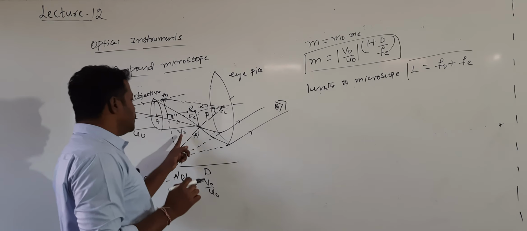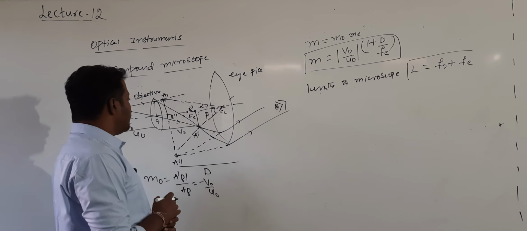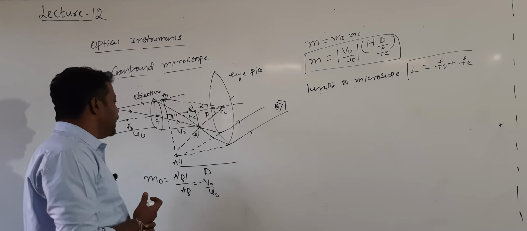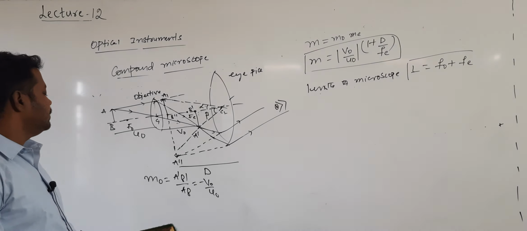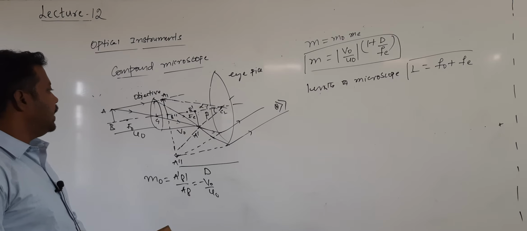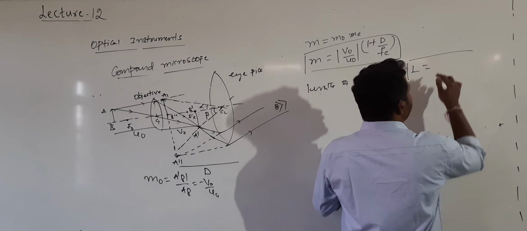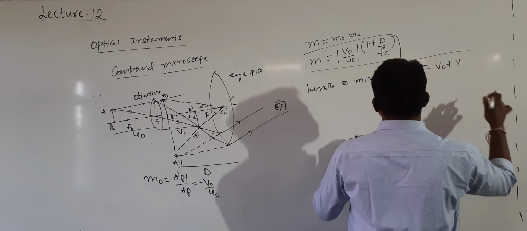Here to here the value is v0, and what is the distance between the objective lens and eyepiece? So the distance is given by v0 plus ue. It is not f0 plus fe. Directly I can write it as v0 plus ue.